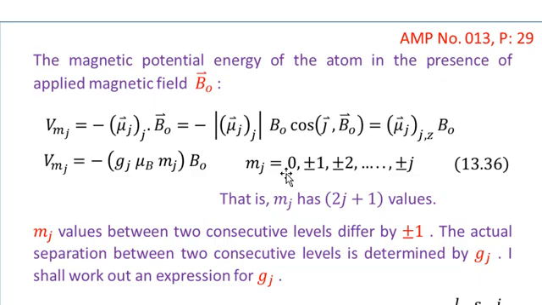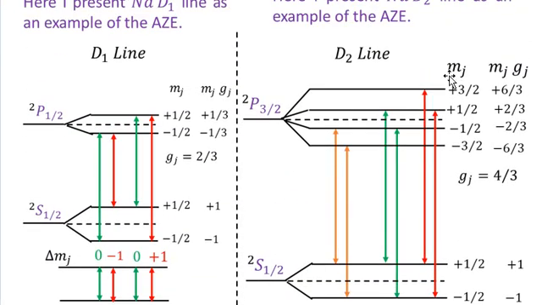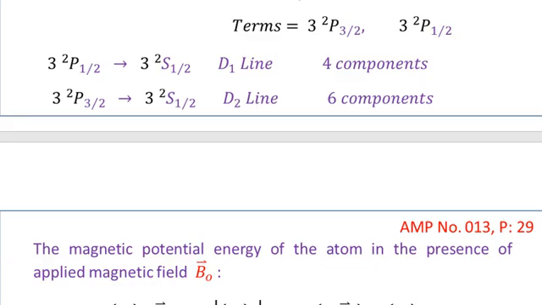For example, if the value of J is 3/2, then the Mj values will be plus minus 3/2 and plus minus 1/2, and 0 will not be included over there. 0 will only be included when the values change by integer values.